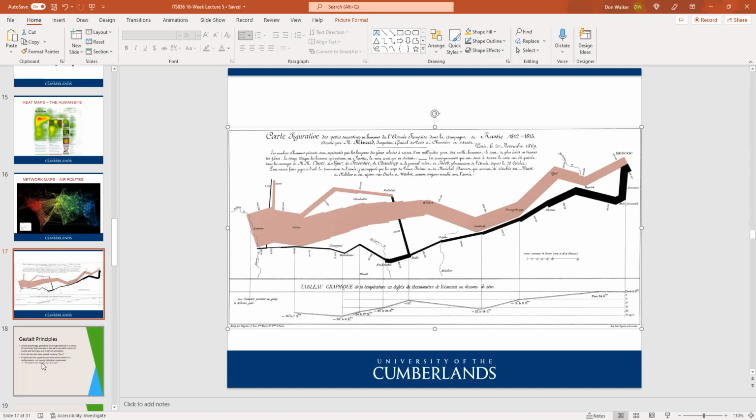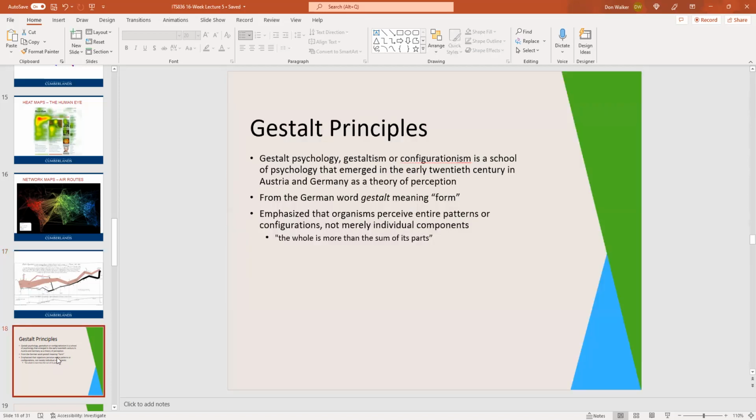But anyway, just an interesting specialty visualization. So there was a German psychological principle, Gestaltism, that emerged. Gestalt is German for form.